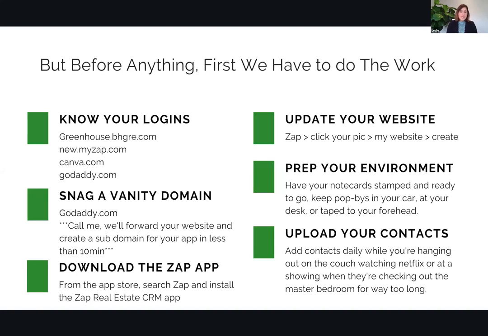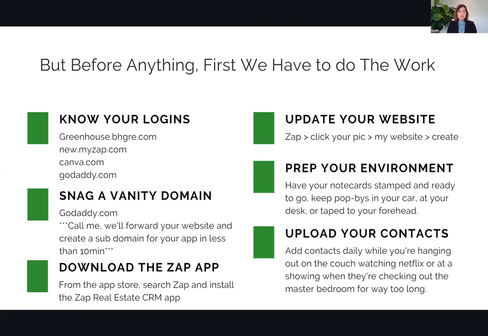The other thing I love about vanity domains is that you can do subdomains. A subdomain is tied to that original vanity domain, but it's another name and it ties somewhere else. So for your app, you do have a phone app, it's branded, it's beautiful, it looks great, and it's easy to send if you have a vanity domain. Let's take, for example, LeslieSellsOmaha.com.